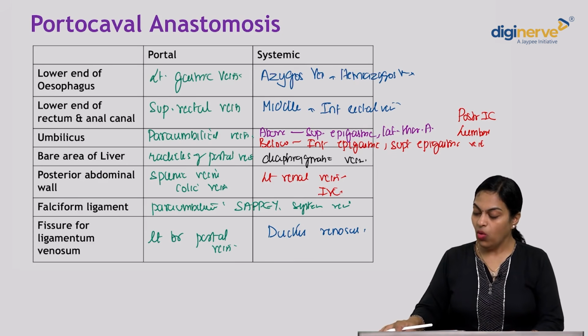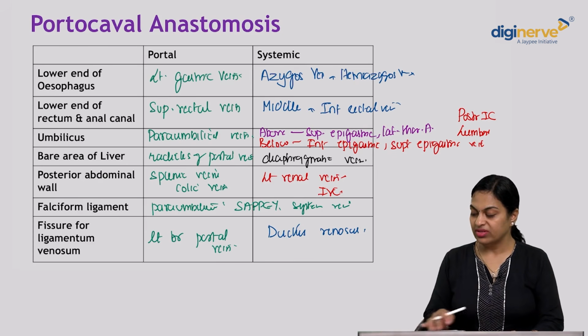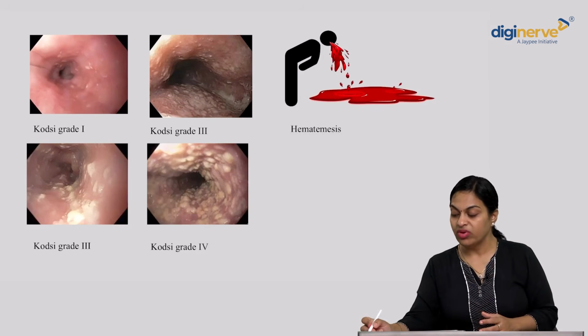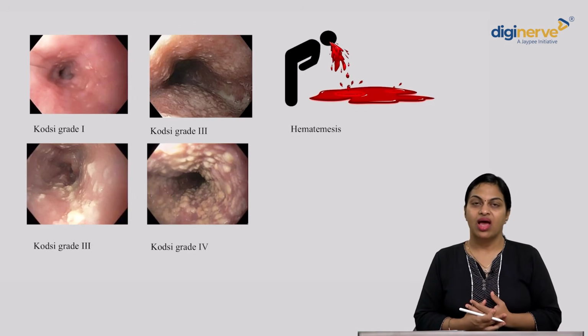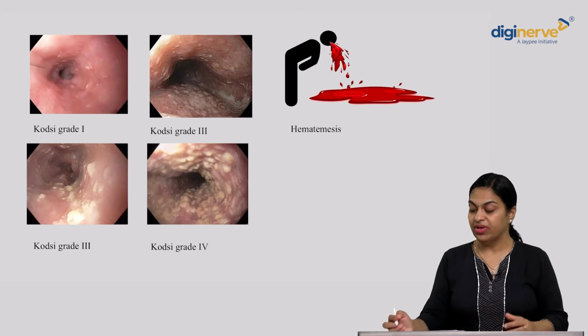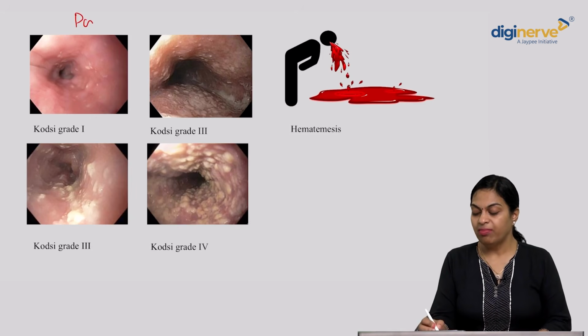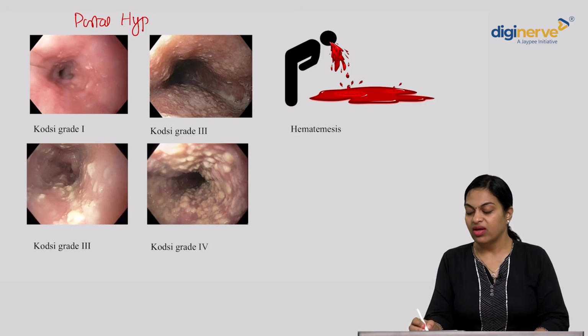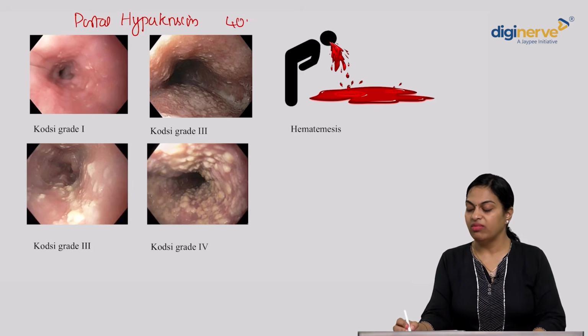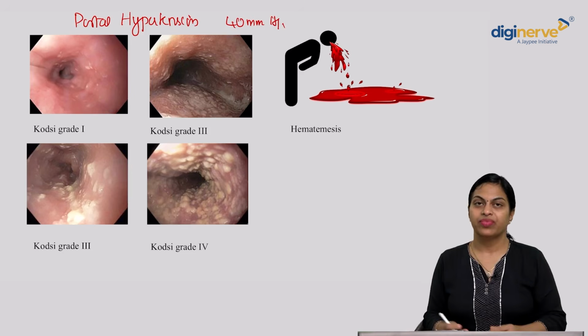Okay, so the lower end of esophagus. So we saw that the normal portal pressure is 5 to 10 mm of mercury, and in portal hypertension, what can happen? The pressure can exceed. It can go up to 40 millimeters of mercury.